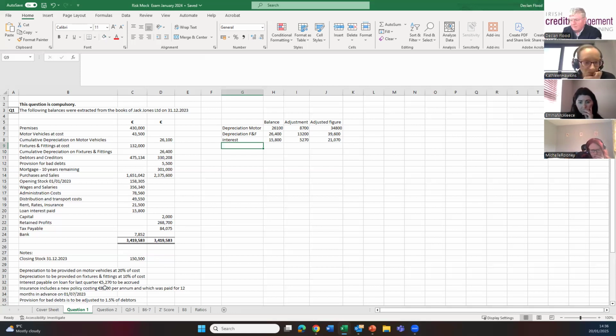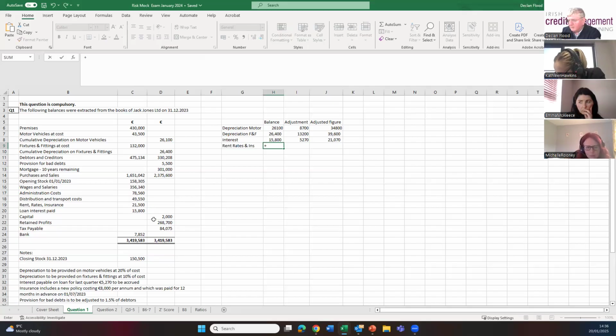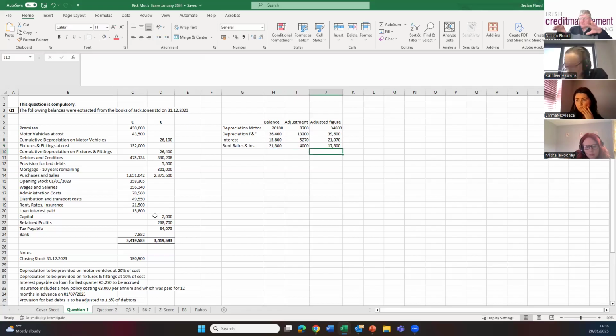So if I look at rent, rates and insurance, that is 21,500, but I know that 4,000 of that relates to next year. So plus that, minus that. My adjusted figure for rent, rates and insurance is 17,500, because that's how much relates to last year.